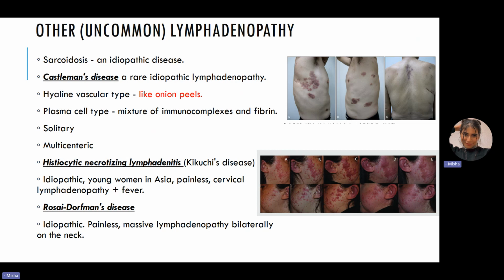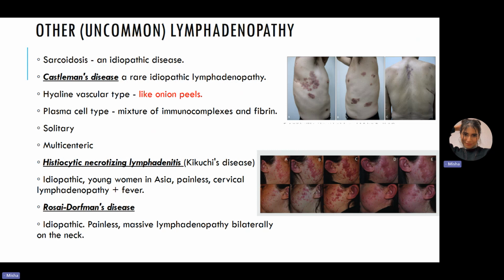Okay. Then we can talk about solitary. So these are the basic two morphological types, but they can present as solitary or can be multicentric. So when you talk about solitary, we normally see it in the mediastinum, neck, meninges, and they're up to 10 centimeters. In multicentric, they're almost always plasma cell type, and they basically lead to splenomegaly.